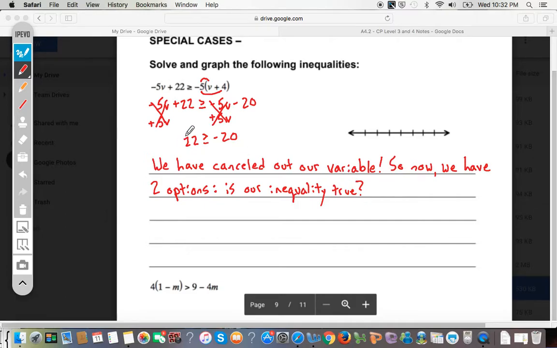Okay, so is 22 greater than or equal to negative 20? Well, I hope you said yes. Okay, 22 is greater than or equal to negative 20.